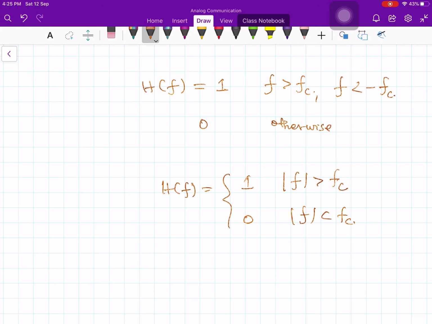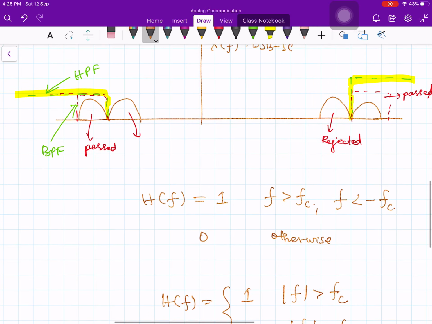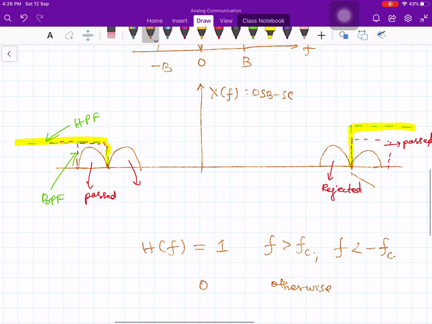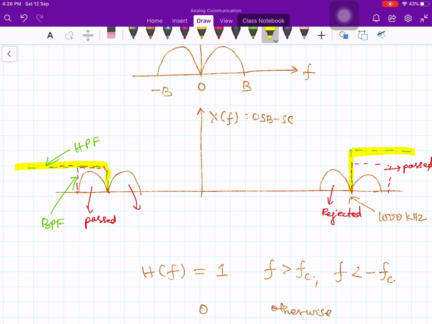In practice, we don't use low pass filters of such a large bandwidth. Let's say this is the carrier frequency, let's say 1000 kilohertz. In case you want to retain the lower sideband, then you put a low pass filter like this.